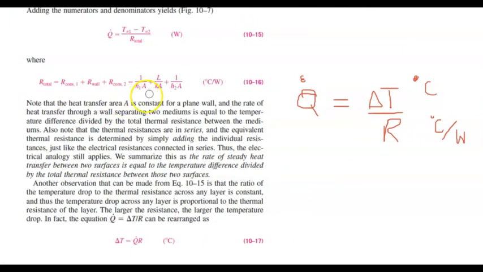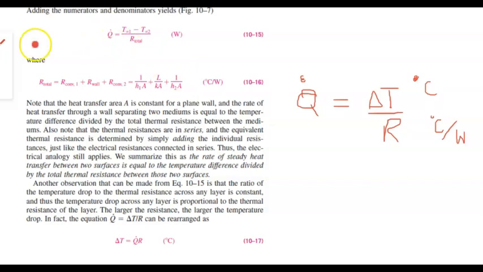When you add the resistances, you find the total resistance: R convection 1, R of the wall, and R convection 2. We can add all of them to get one final answer, and then we can just put that in.